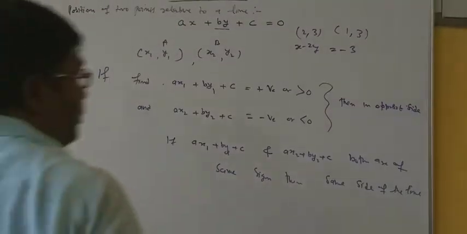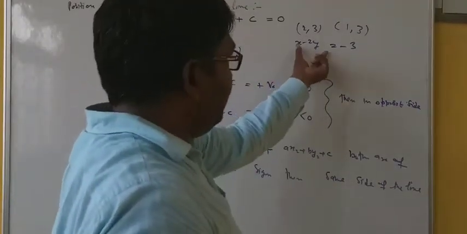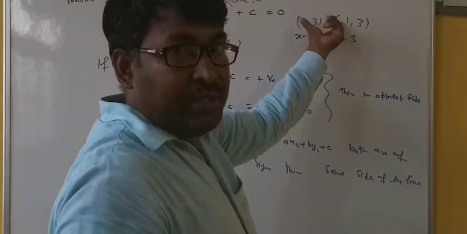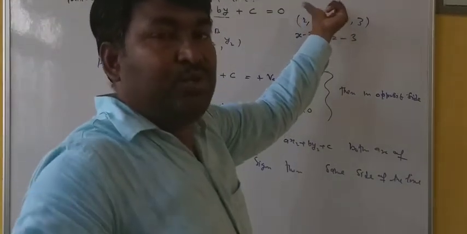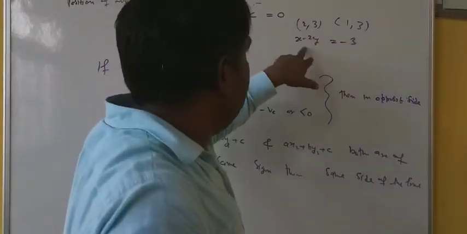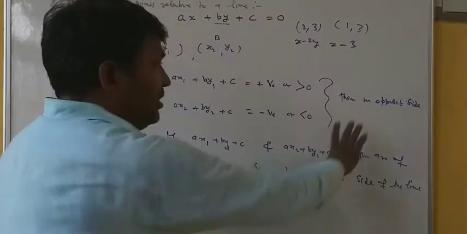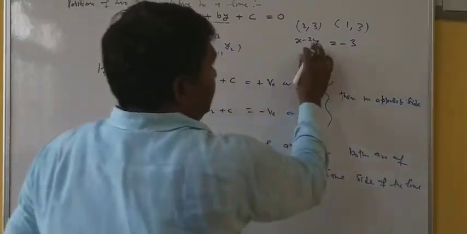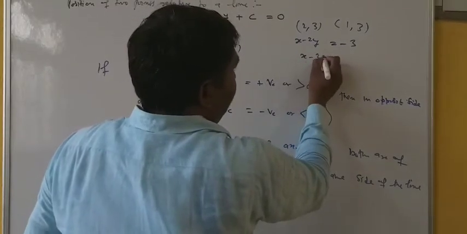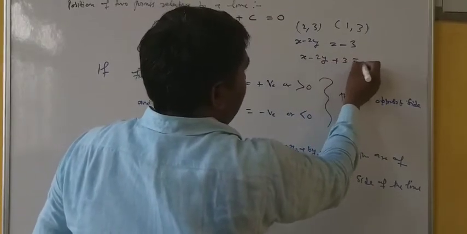See, you are given that this is the equation of the line and these are 2 points. Here you have to check whether these 2 points lie on the same side of this line or the opposite side. So how will you check? Conditions are given. First of all, just make it a general equation form, x minus 2y plus 3 is equal to 0.